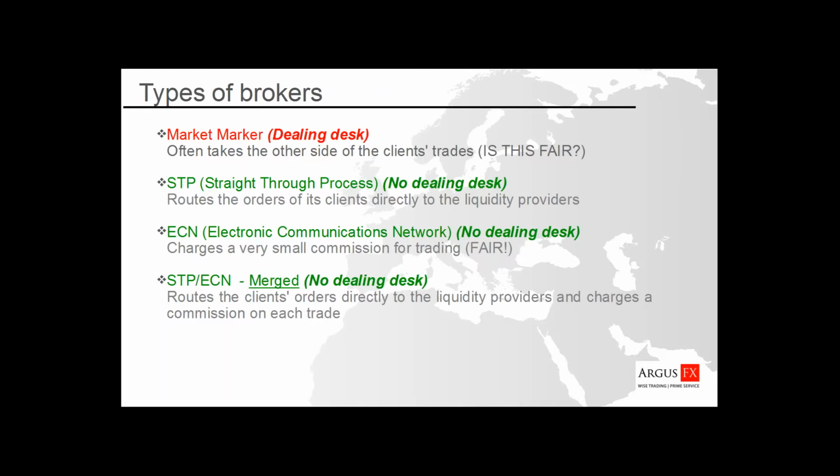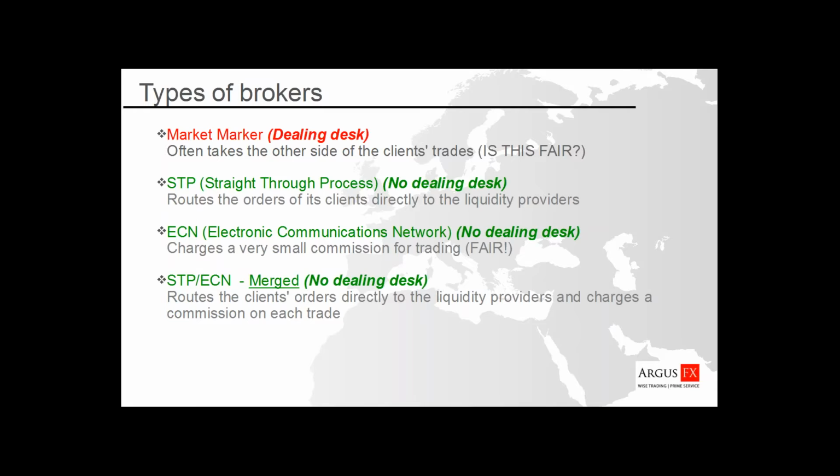One major feature of this broker is that it often takes the other side of the client's trades. And we are going to see in a more detailed explanation what we mean by taking the other side of the client's trades. And we're going to see, is this fair or not?